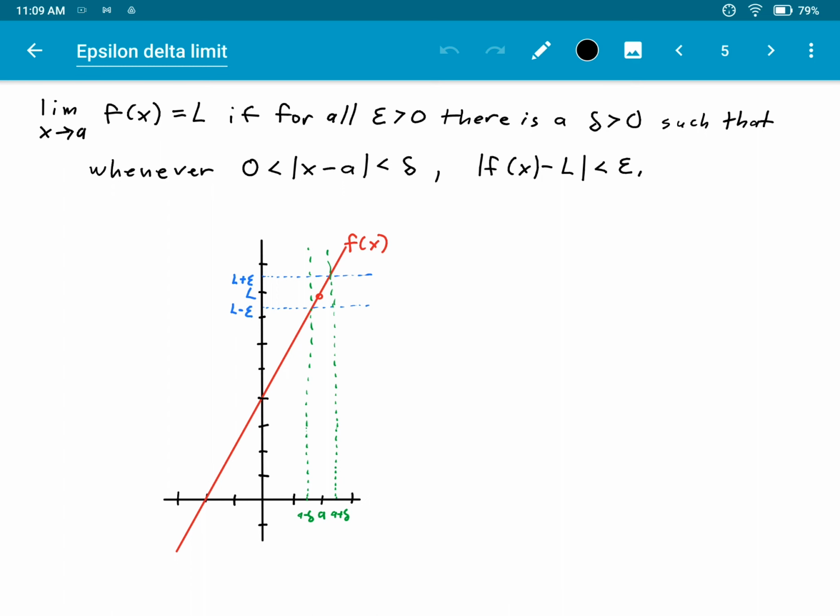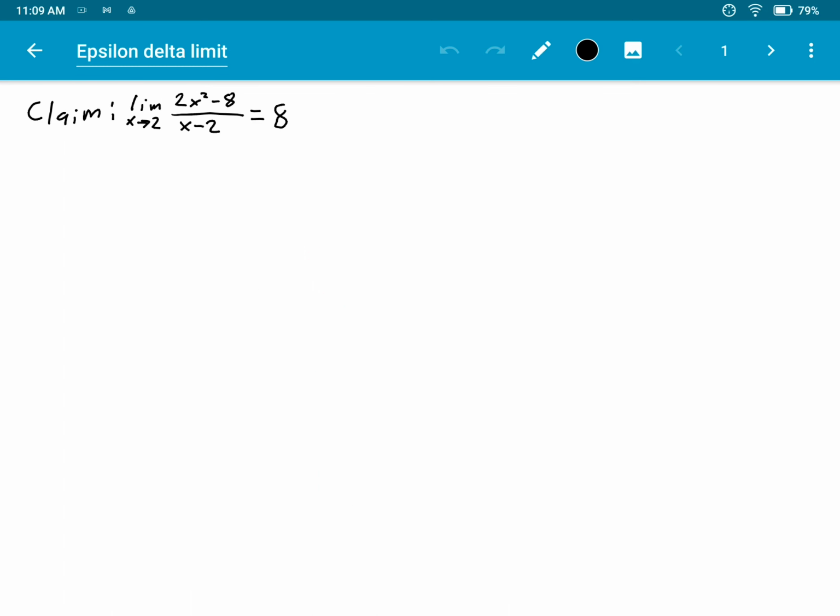So to prove this, what we need to start with is let's define some things to make our life easier. So we are going to define f of x to be equal to (2x squared minus 8) over (x minus 2).